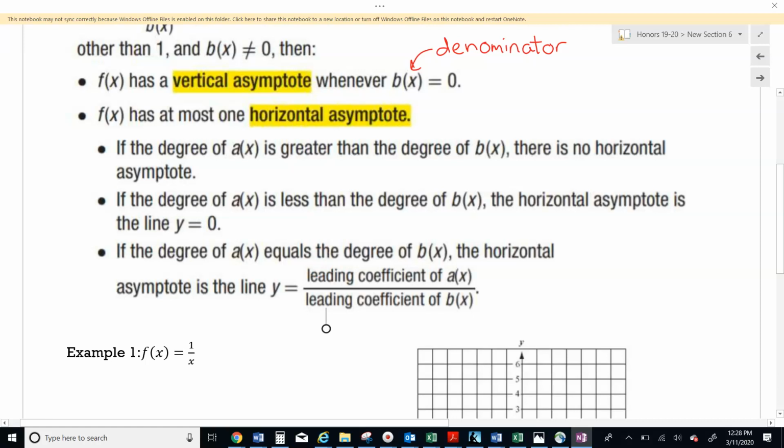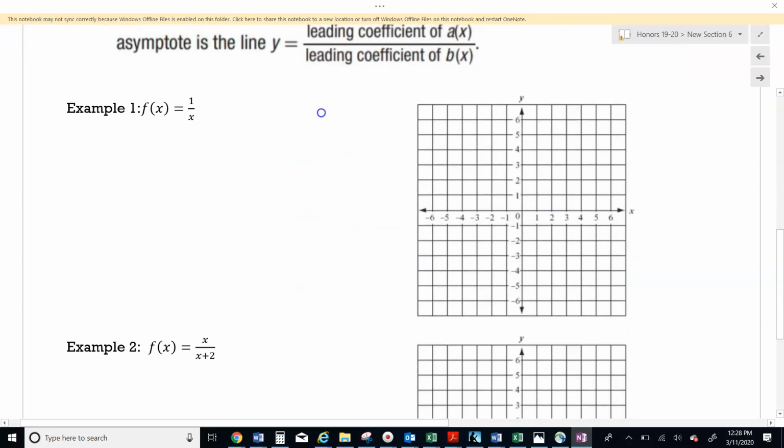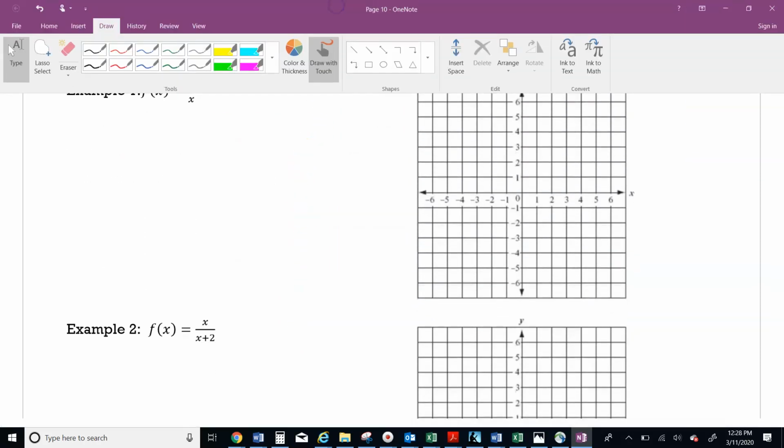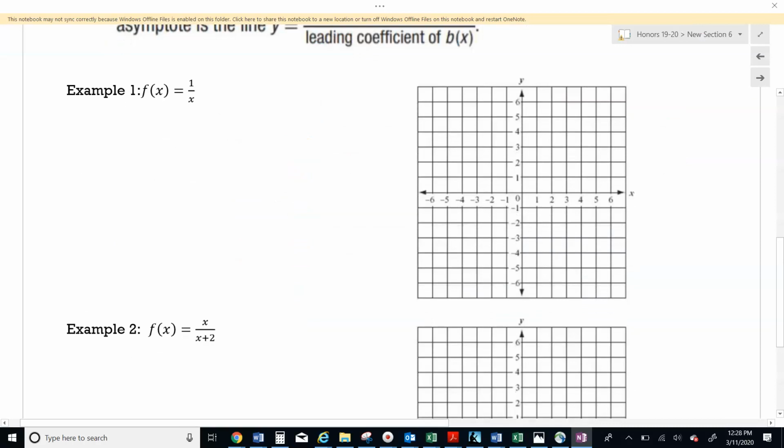Okay? So we're going to go through the steps. It's a lot easier if we just do these steps. So step 1, what we're always going to do is our horizontal asymptotes first.